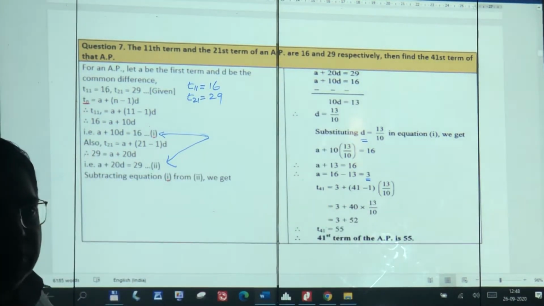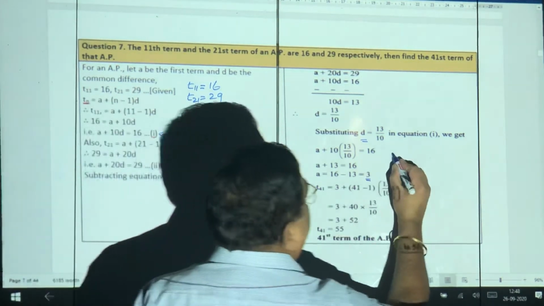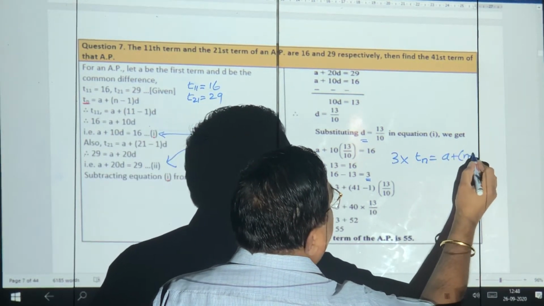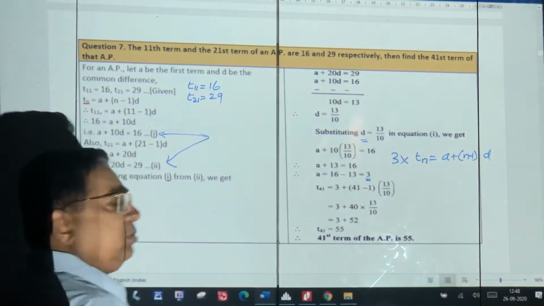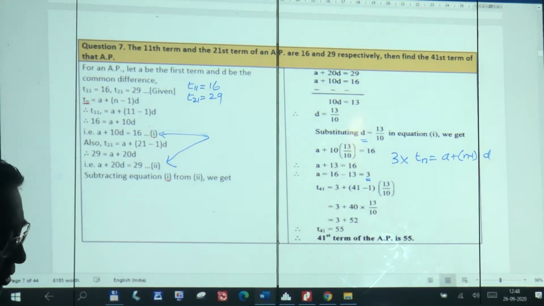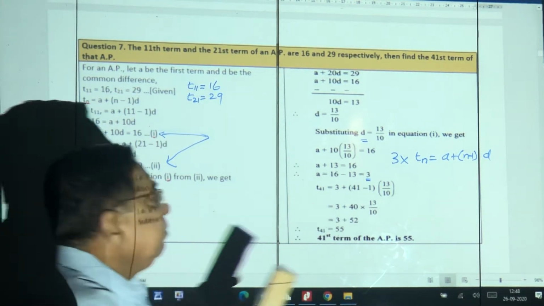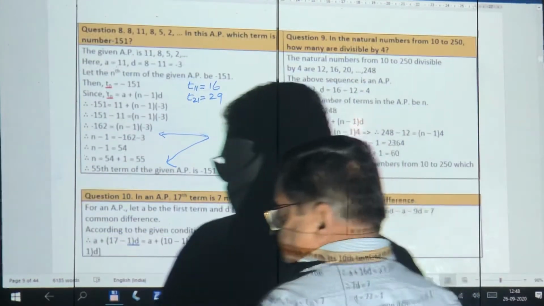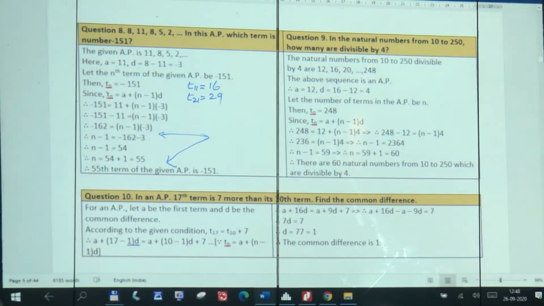Again substitute in the formula. So 3 times I have used Tn is a plus n minus 1 d: 2 are here, 1 time is here. Have I changed something? Nothing. So you can see it's the same method. That's why I told you it's very repetitive. So keep practicing.